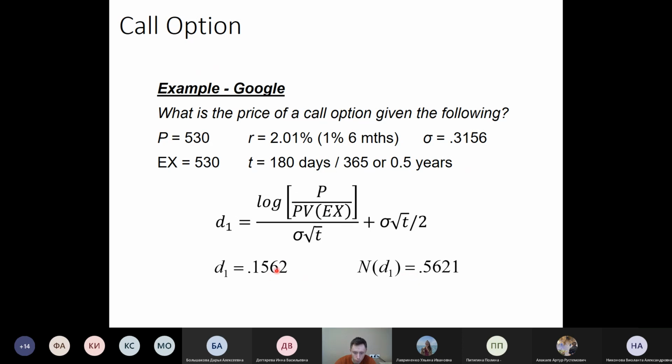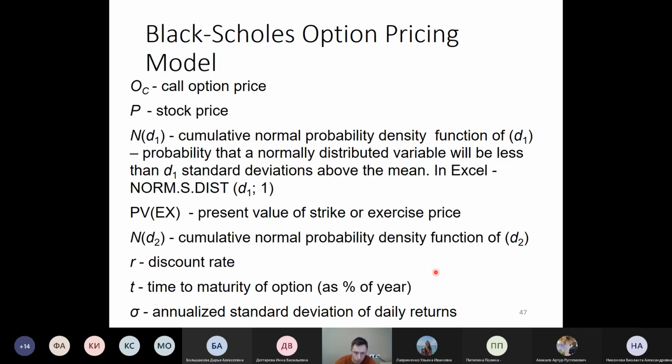So if D1 is close to 0, the probability would be close to 0.5. Here, as it is a cumulative normal probability density function, it gives the probability that a normally distributed variable will be less than D1 standard deviations above the mean.